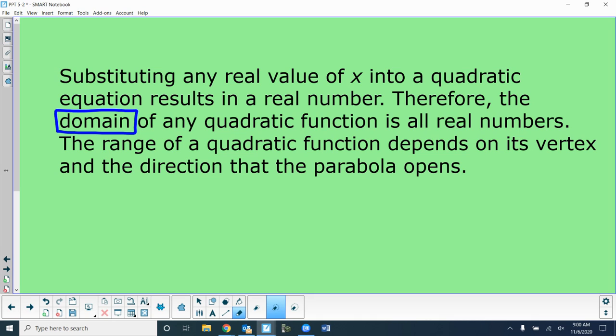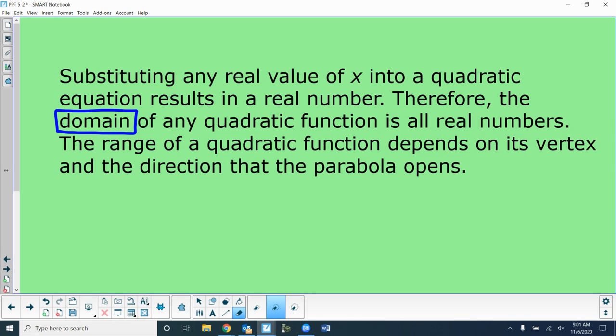And these parabolas, as they go up, they get wider and wider, horizontally. They never end. So that's why all real numbers is the domain of all parabolas that open up or down. So when you're asked what's the domain of this quadratic function, you're always going to say all real numbers. You're always going to write that down.